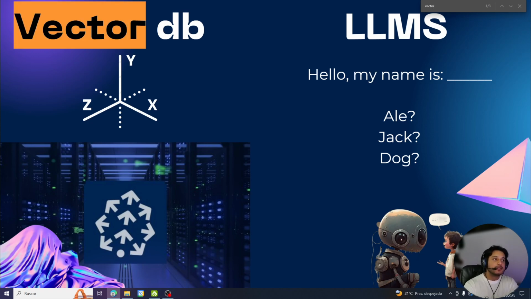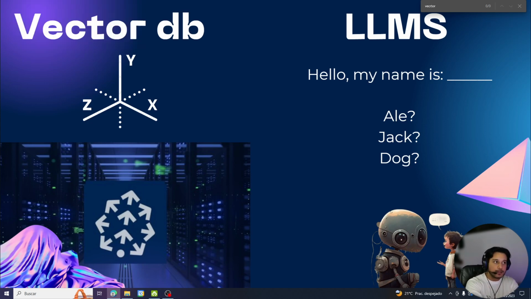But the main disadvantage of this method of searching is that if you mess up just one letter, you can't find what you're looking for, right? Well, vector databases can actually predict what was your initial query or consultation of the data that is stored there.